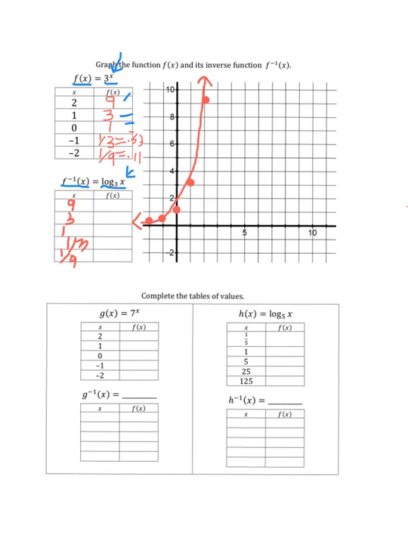And you will get log base 3 of 9 is 2. Log base 3 of 3 is 1. Log base 3 of 1 is 0. Log base 3 of 1/3 is -1. And log base 3 of 1/9 is -2.